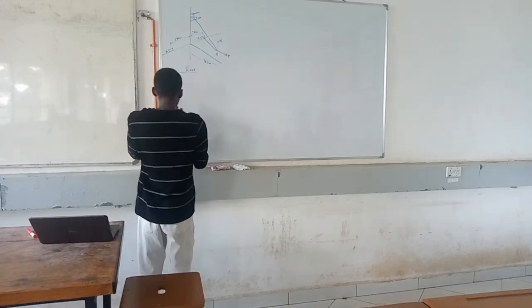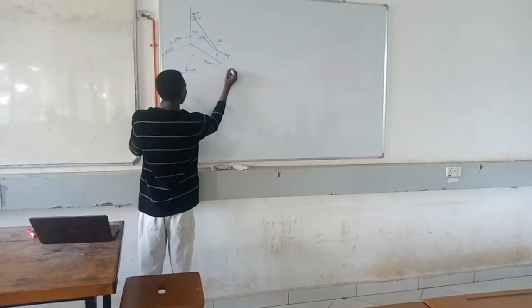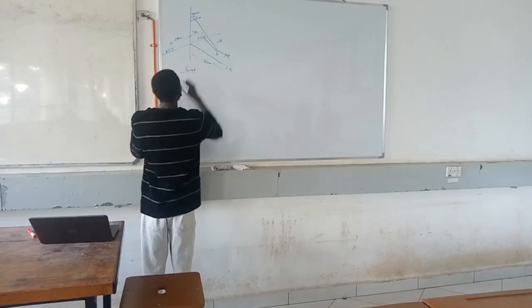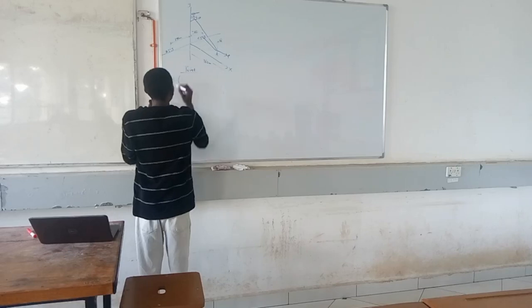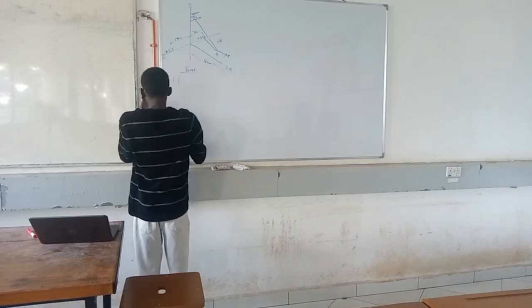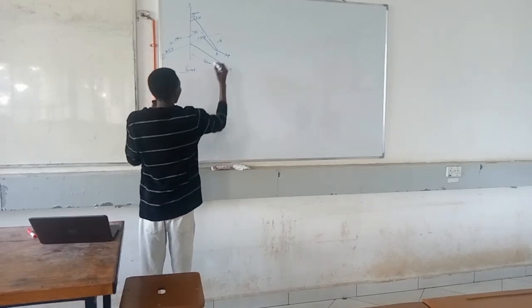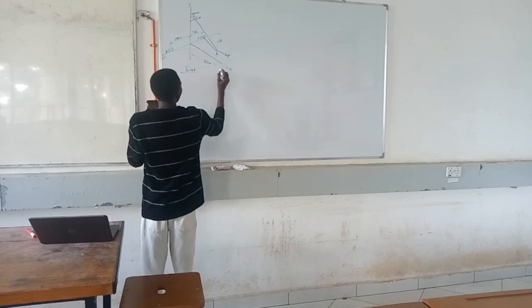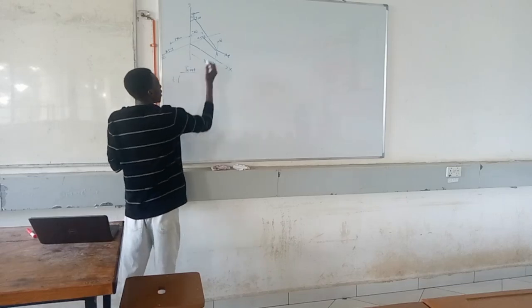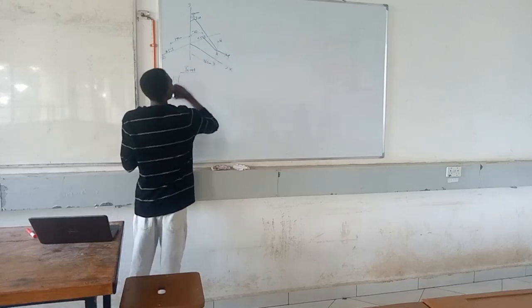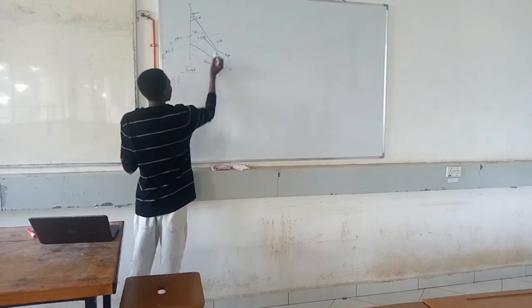Point A is this one. The x-axis is this one, that one is the y-axis, and this one is the z-axis. As you can see, point A is this point.